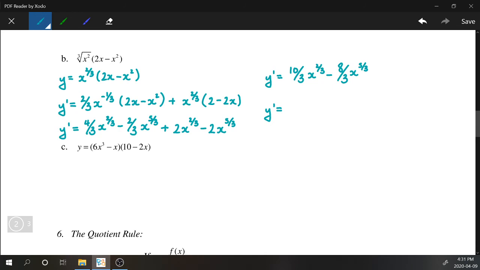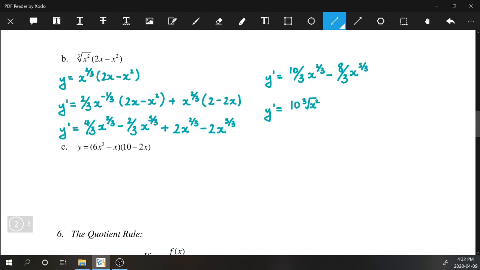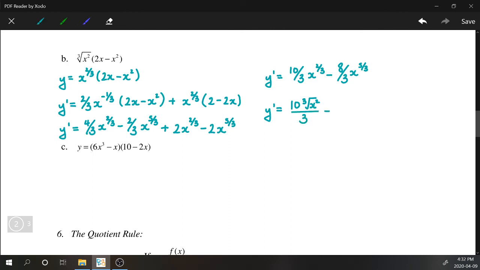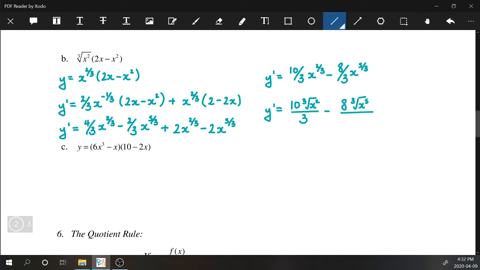So this would be 10, and then the cube root of x squared all over 3, minus 8, and then the cube root of x to the 5th power, also over 3.